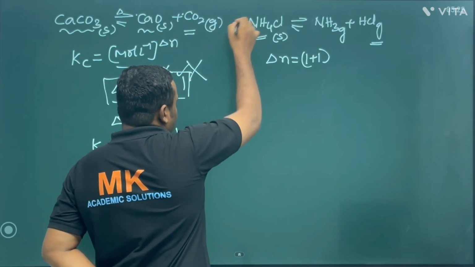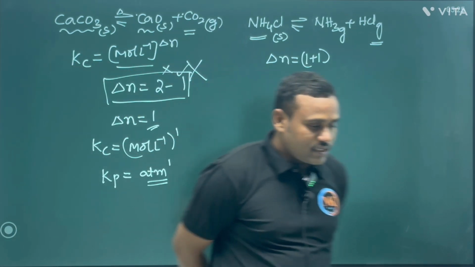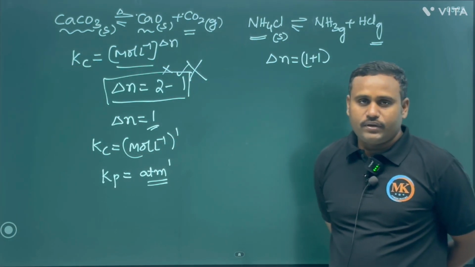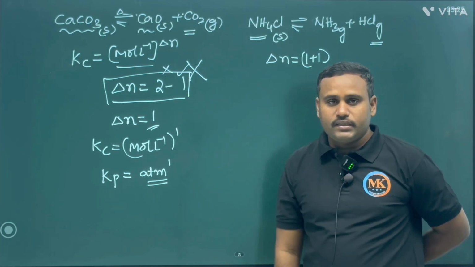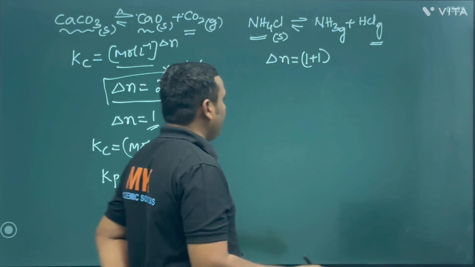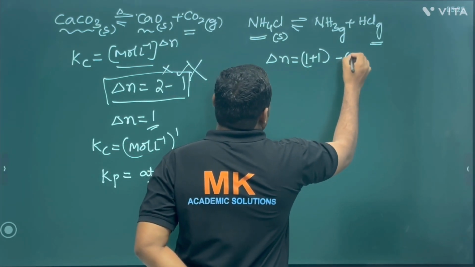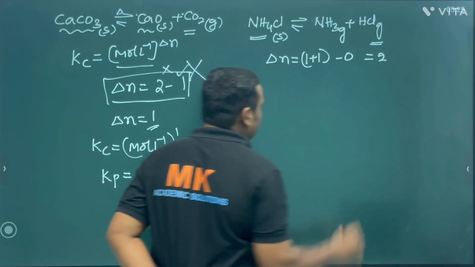Because it is present in the solid state. So when the reactants or products are in the solid state, you need not consider them in the calculation of delta n, and also while writing Kc. So what is the delta n value here? Minus 0, nothing is there, therefore delta n is equal to 2, right?